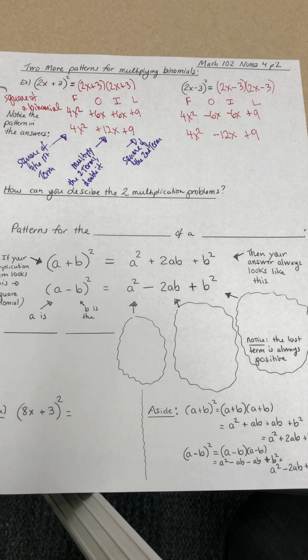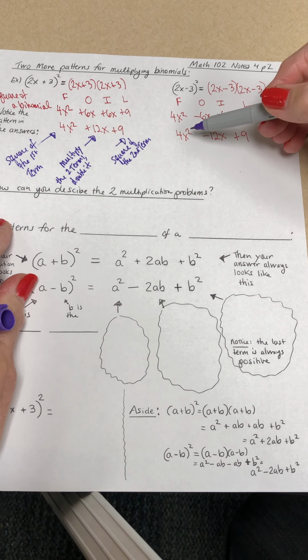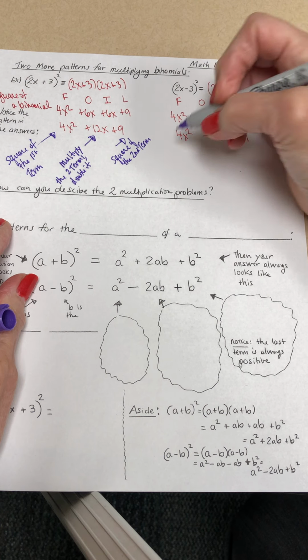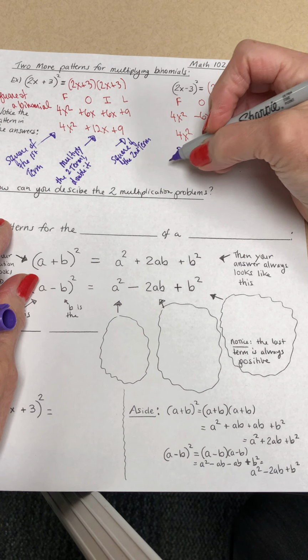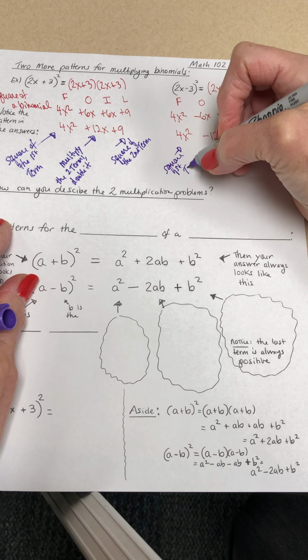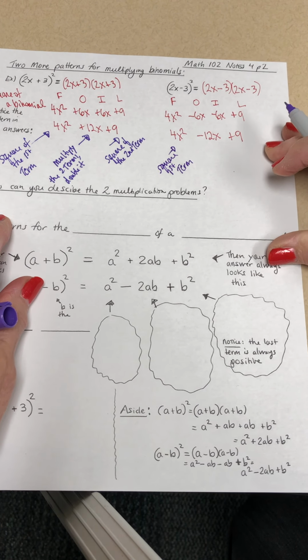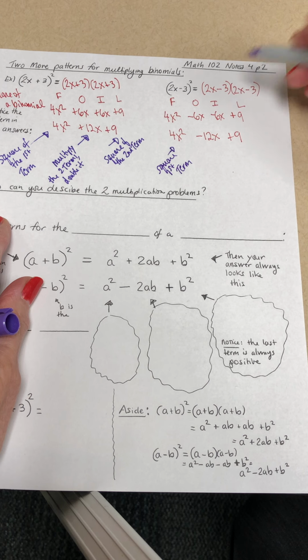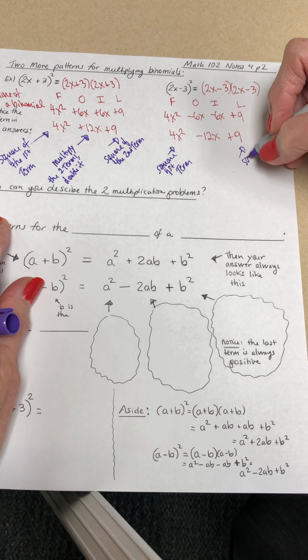And again, notice the pattern. Oh, the 4x squared, well, that's just take that first term and square it. The 9, let's just take that negative 3. Well, negative 3 squared, or actually, I wouldn't even think of it that way. Just take the 3. Just square the last term.